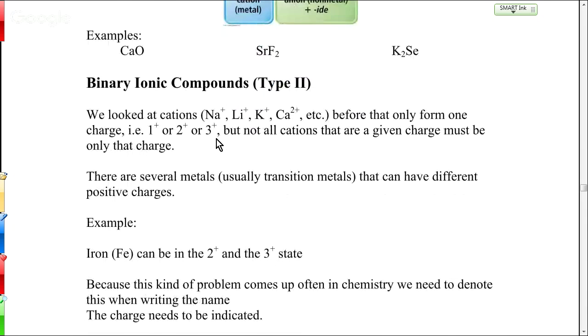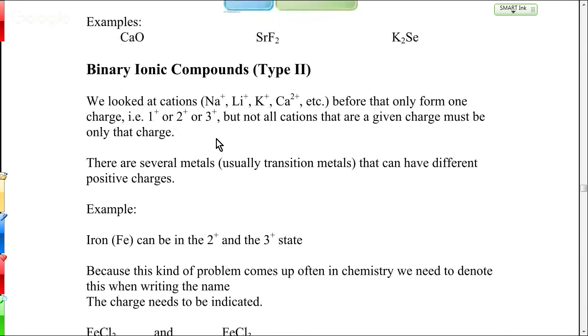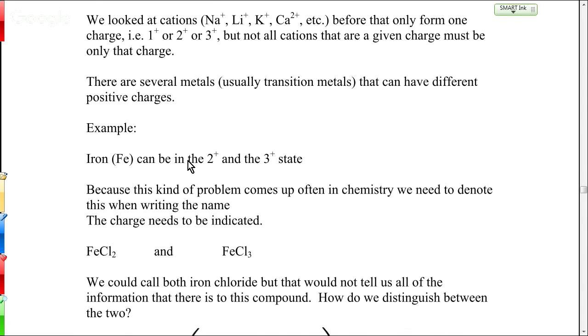All right. Let's get a little trickier. Type 2 binary ionic compounds. This rule comes about because some metals specifically have an issue where those general names from before are not specific enough. Okay, iron, for example. Iron can be in the 2+ and the 3+ state.